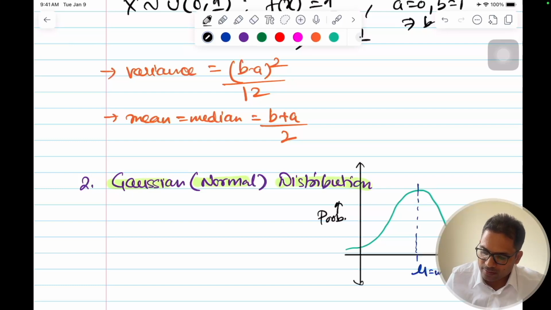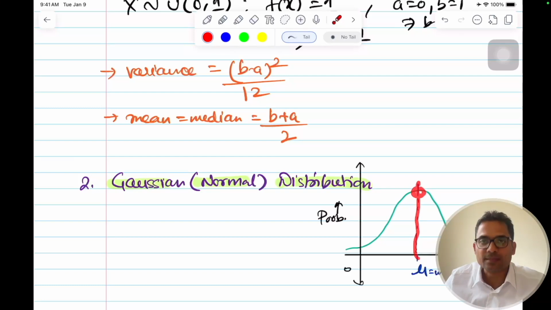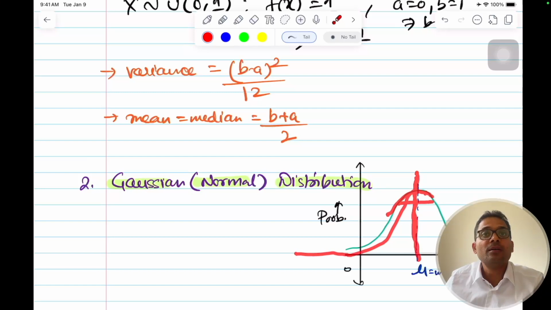Around the mean, the probability of finding something is highest. This is the axis around which we get the probability. As you go away from the mean, the probability decreases. So this is what density means. The distribution is most dense around the mean.